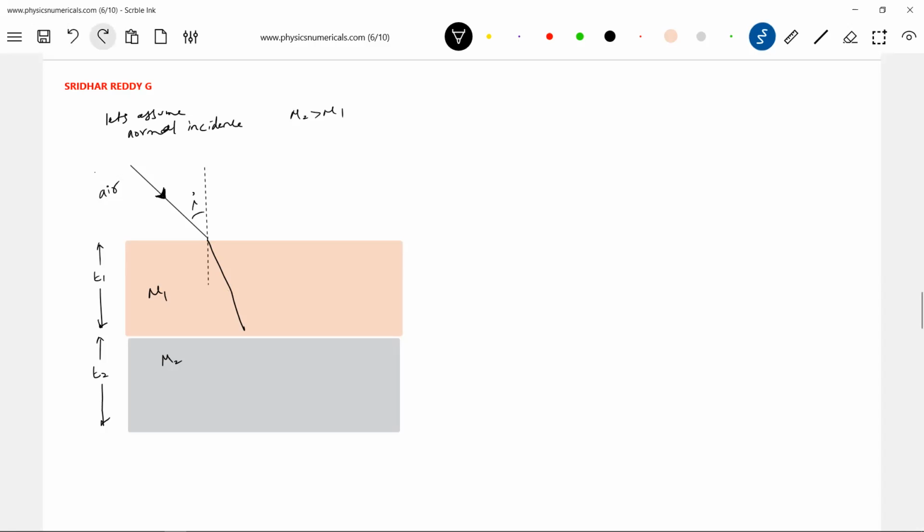Let me give different colors. A part of the ray will be reflected, a part of the ray will be transmitted. This will be a reflected ray, and this will be a transmitted ray.